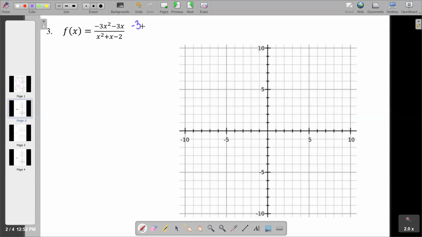You pull out negative 3x, and what does that leave behind? x plus 1. Good. Bottom? x plus 2, x minus 1.